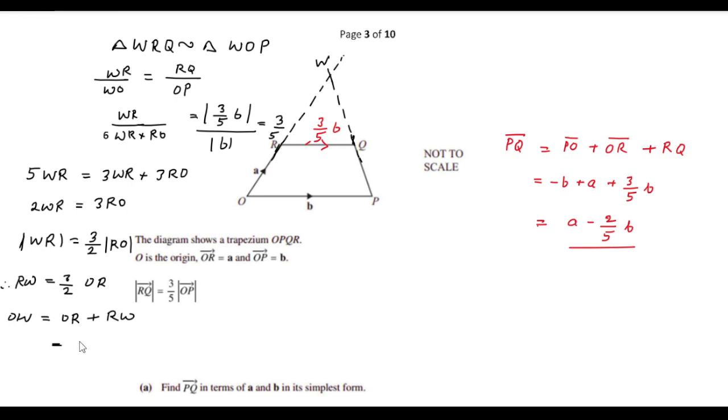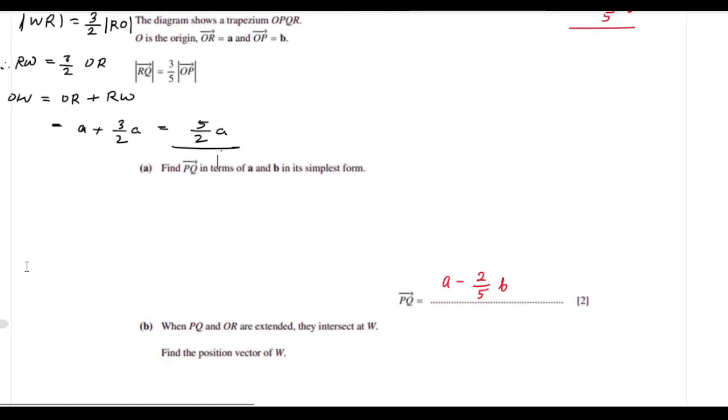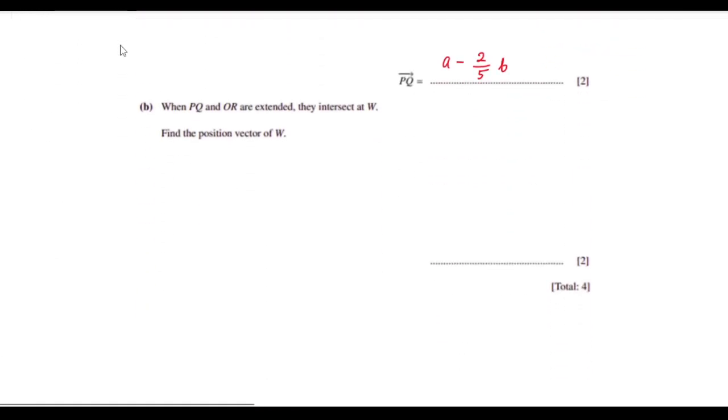OR is your vector A, so it's vector A plus RW, which is 3 by 2 times A. So this whole will be 5 divided by 2 times A. So your OW is 5 divided by 2 times A, and therefore I can say that the position vector of W is equal to 5 divided by 2 times A.